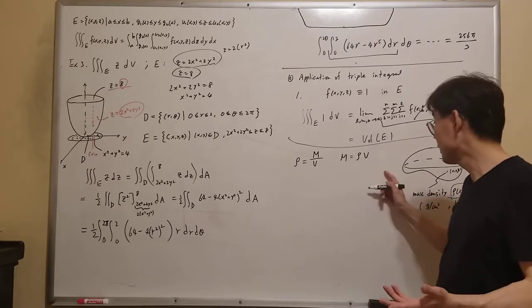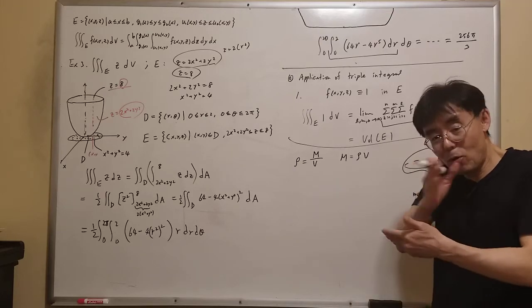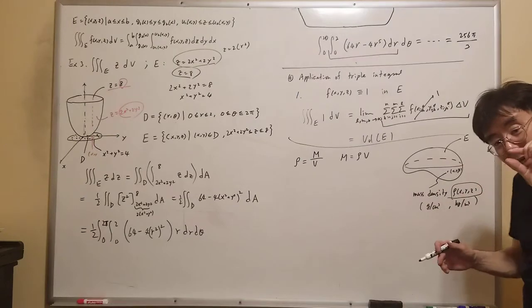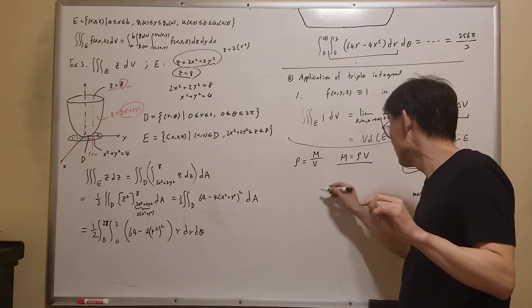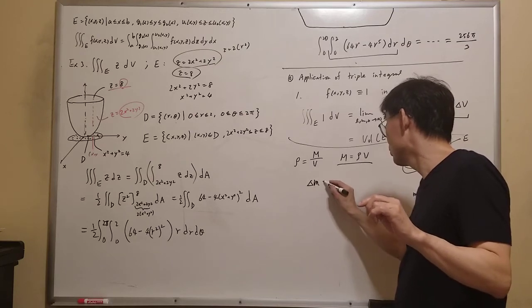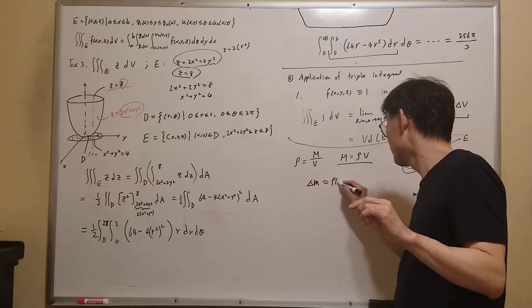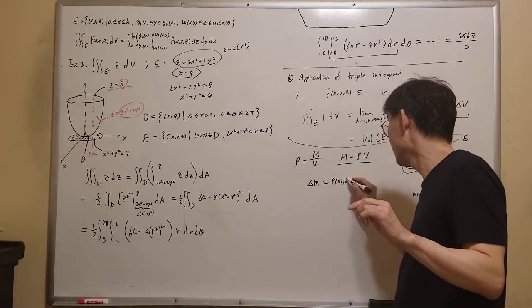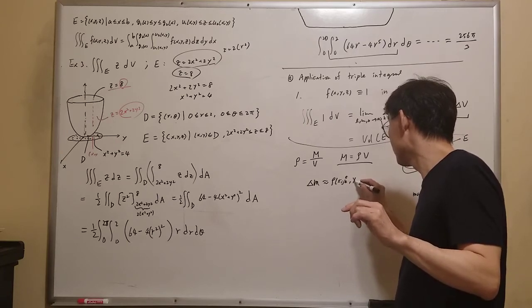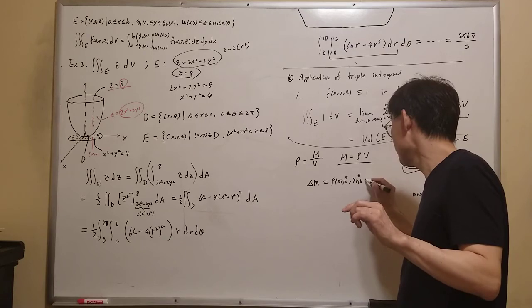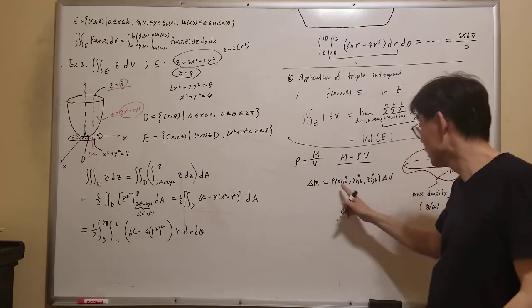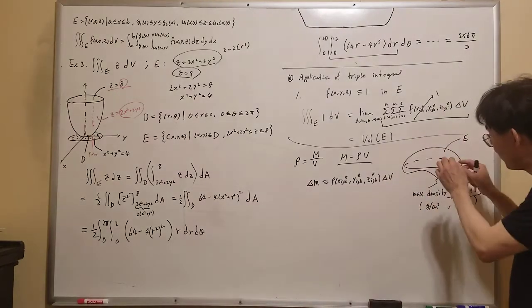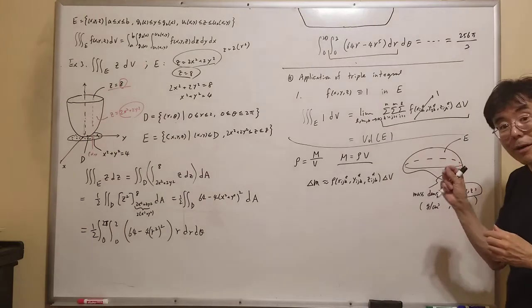In that case, what do you do? You split the entire region into small sub-rectangular boxes, and for each small box, you do this. Delta M will be rho of x_ijk, a sample point within that box, times delta V, which will give you the mass of that small rectangular box.